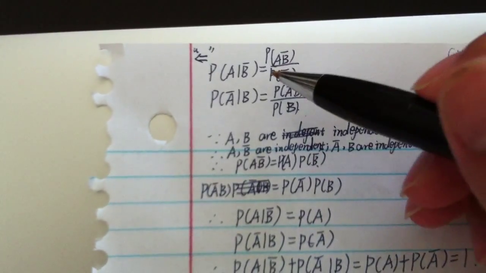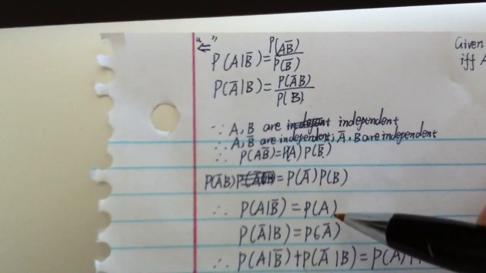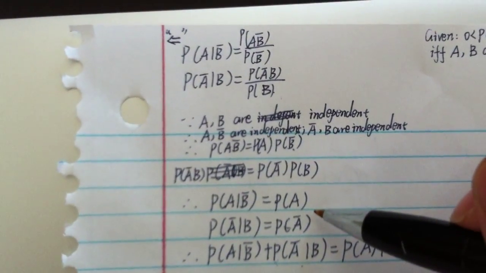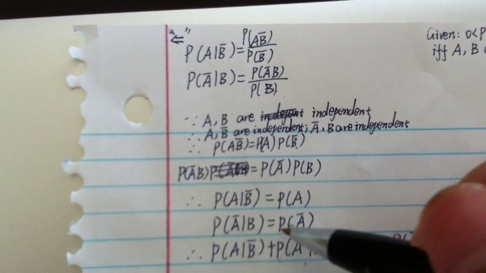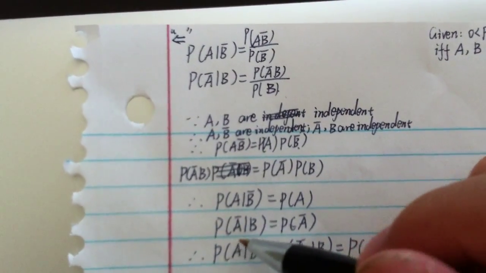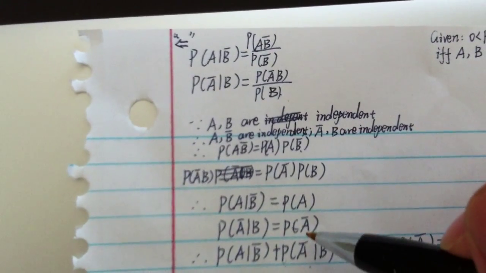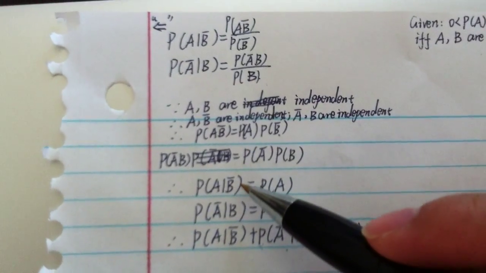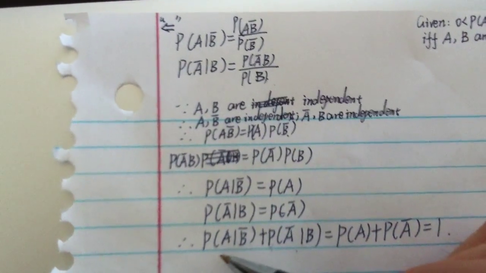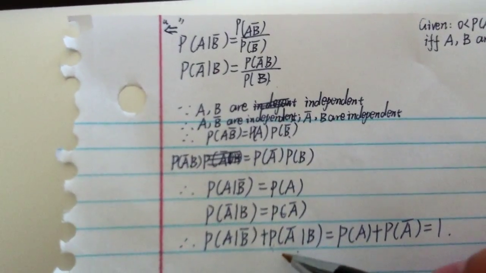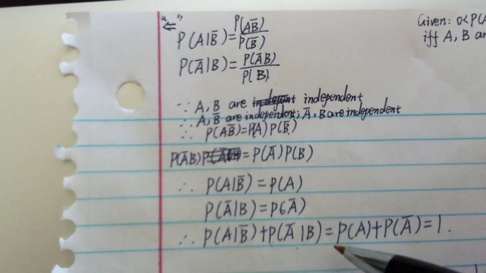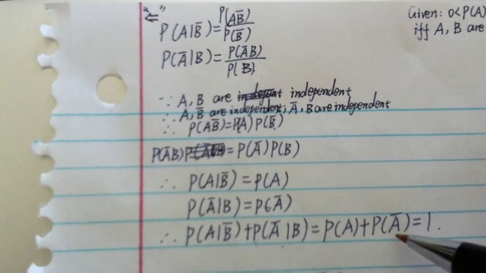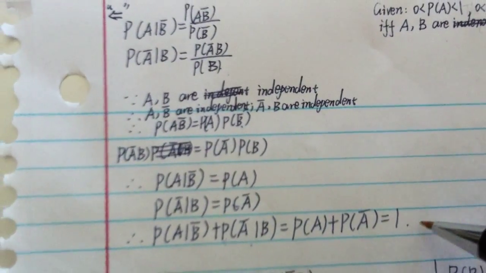And the probability of B naught and the probability of B naught cancel, so we can get the probability of A assuming B naught equals the probability of A. And in the same way, we can prove that the probability of A naught assuming B equals the probability of A naught. And then we take the probability of A assuming B naught plus the probability of A naught assuming B, which equals the probability of A plus the probability of A naught, and equals 1.